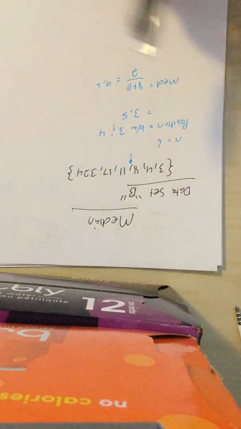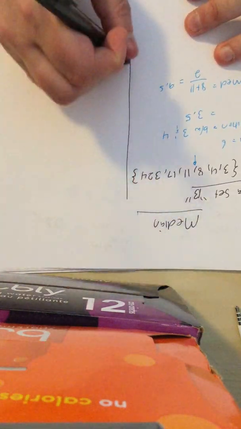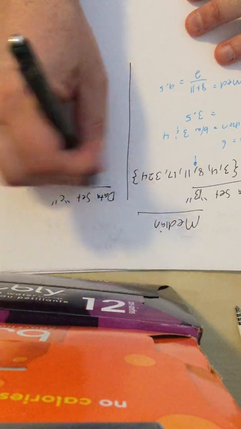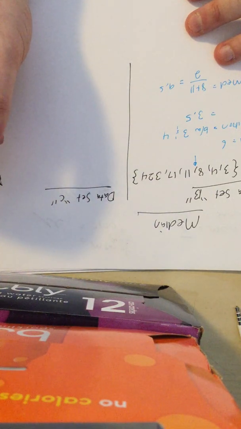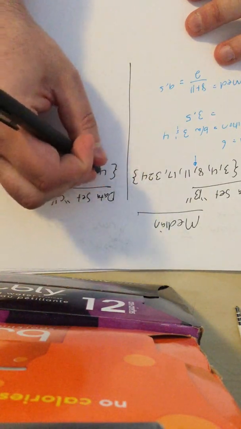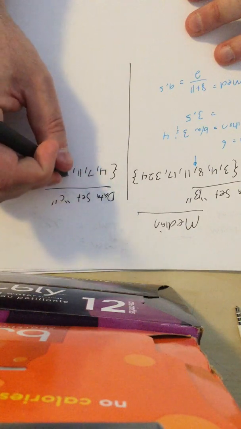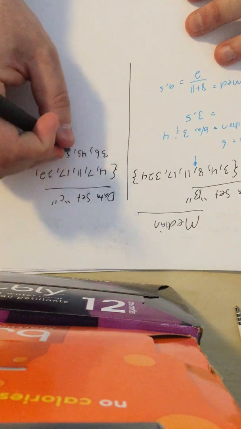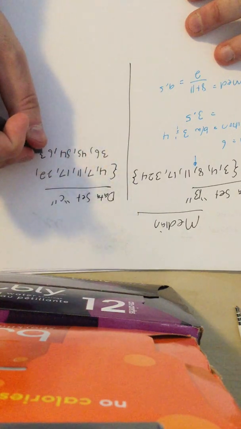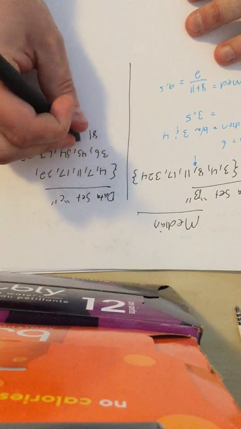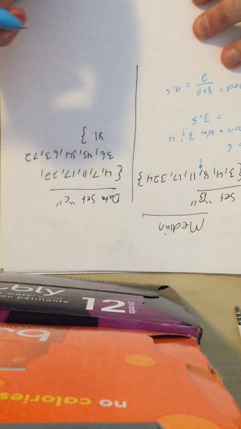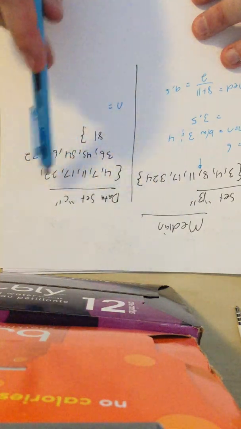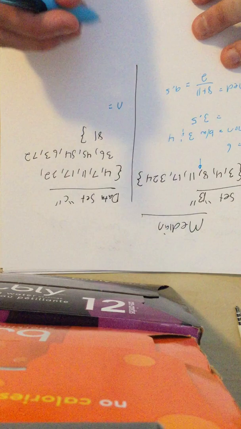Okay. Now let's have a data set C, and that's going to be more numbers. So 4, 7, 11, 17, 22, 36, 45, let's just go by 9s, 54, 63, 72, 81. Okay. So our n is 1, 2, 3, 4, 5, 6, 7, 8, 9, 10, 11.